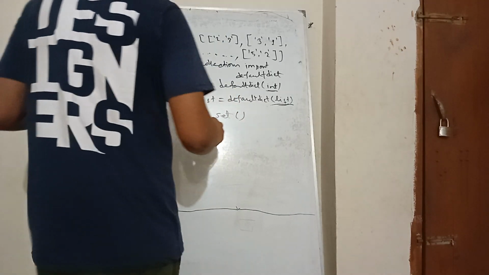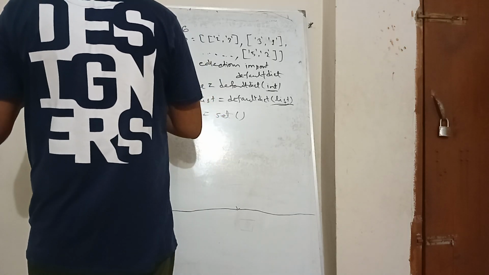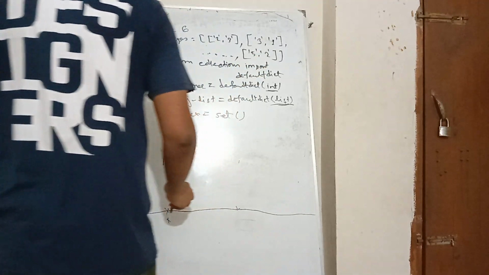Okay. So let's find the in degree and adjacency list of the given edge list representation of the graph.